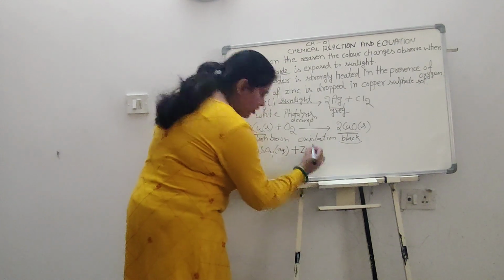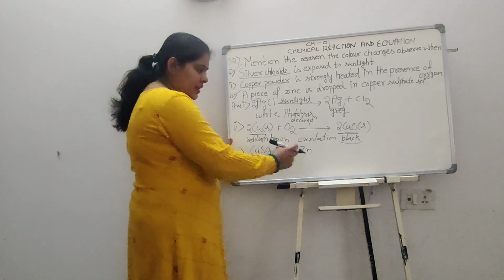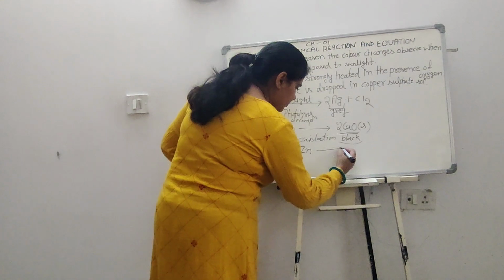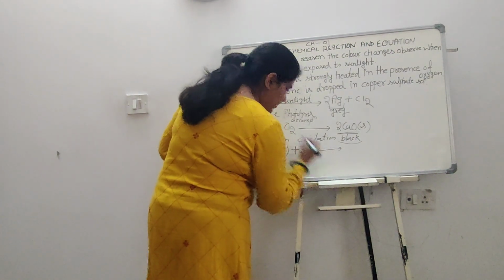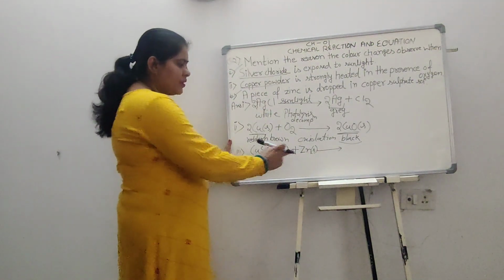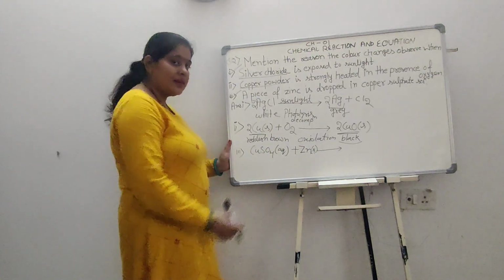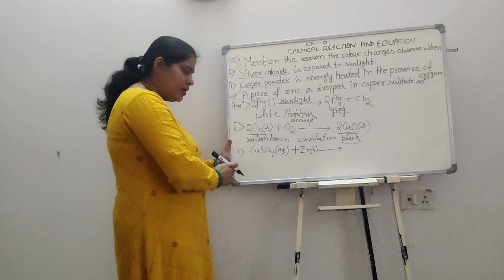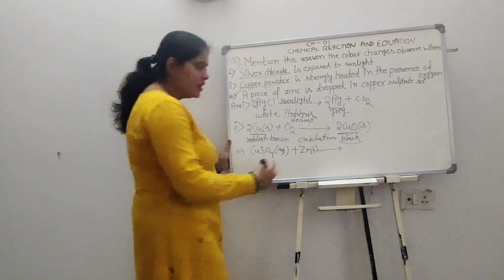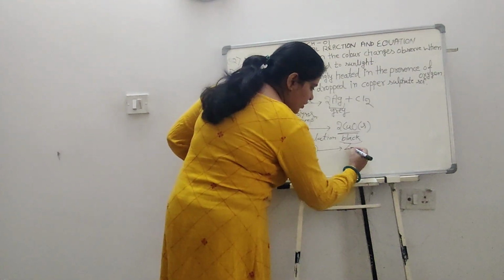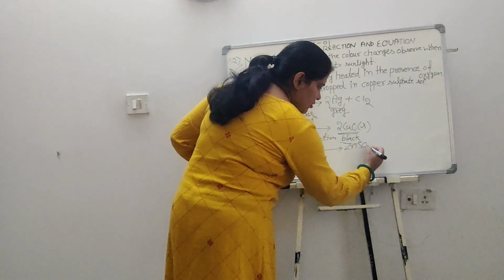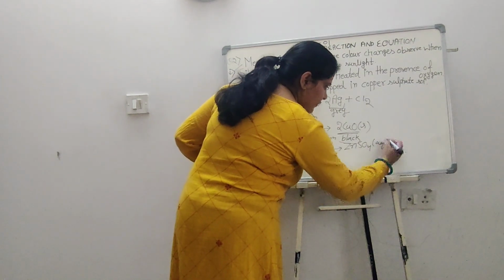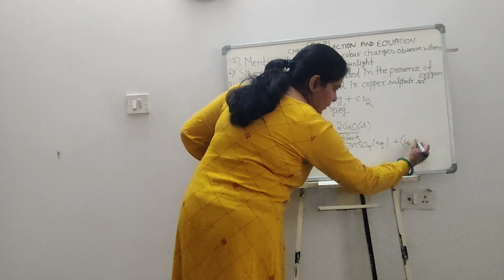Zinc is a metal, so its state is solid. As zinc is more reactive than copper, zinc will displace the copper from copper sulfate solution, forming zinc sulfate, ZnSO4, and copper metal.